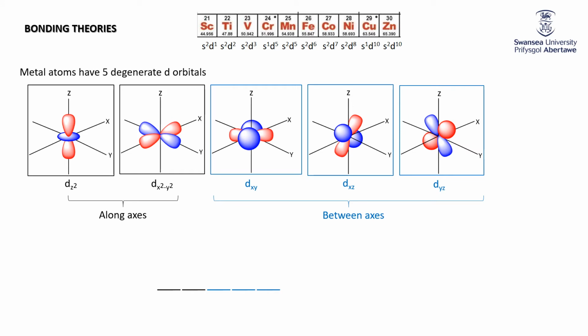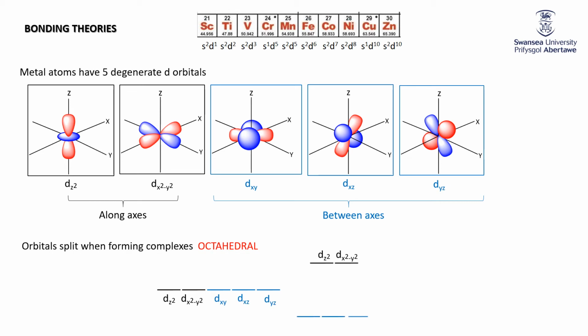Okay. Now, what was known, and we're going to explain or try to explain some theories as to why this is, is that the orbitals split when the metal atom forms complexes. And in particular, for an octahedral complex, they split so that you have 3 orbitals that go in a lower energy and 2 orbitals that go in a higher energy.